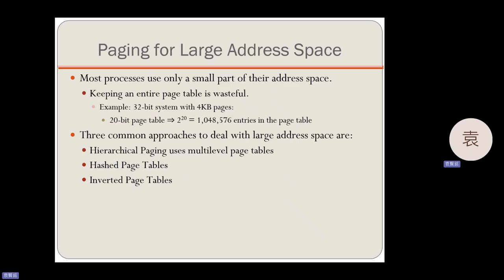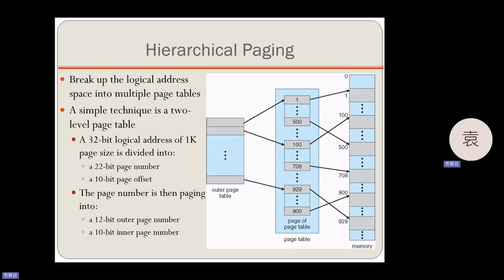The way to maintain huge logical page tables is hierarchical paging, which uses multi-level page tables. Another way is hashed page tables or inverted page tables. Let's see what they are.